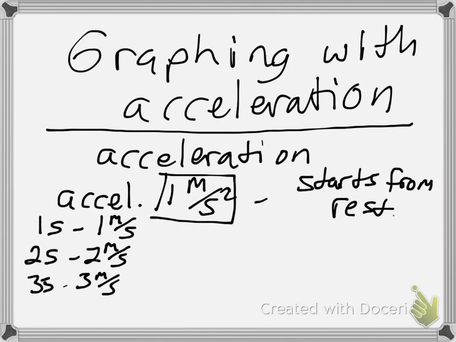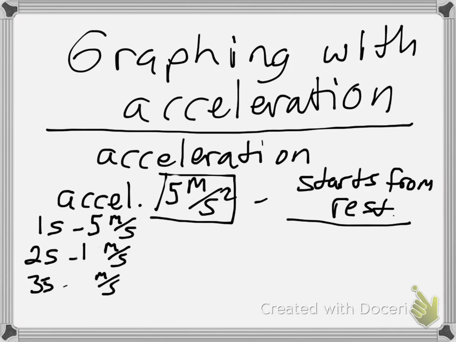Okay, if the acceleration were not 1, but instead, let's say 5 meters per second squared, then these values would also change. So again, if it starts from rest, after 1 second the object will be going 5 meters per second.